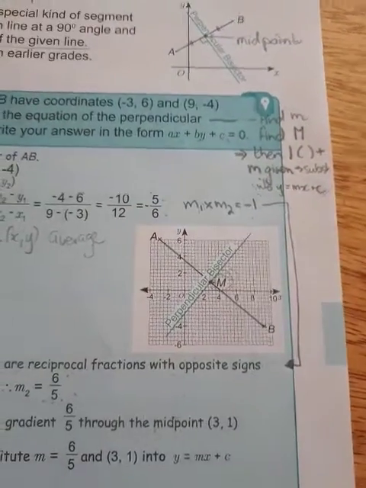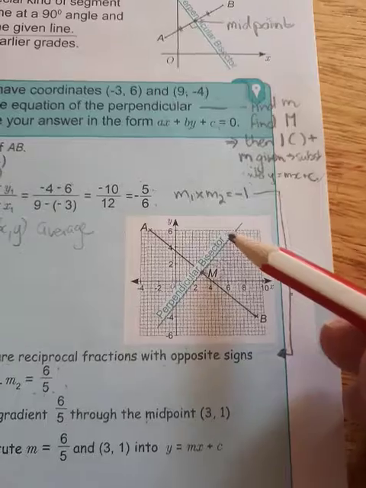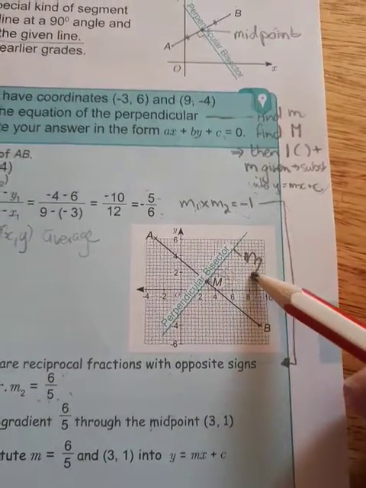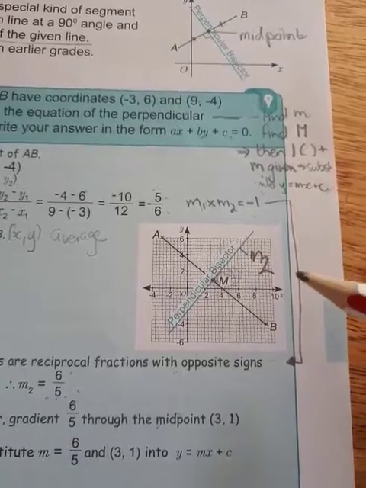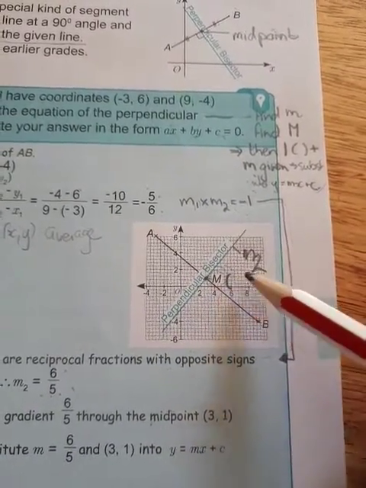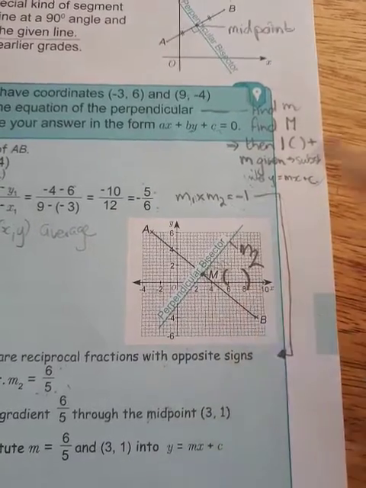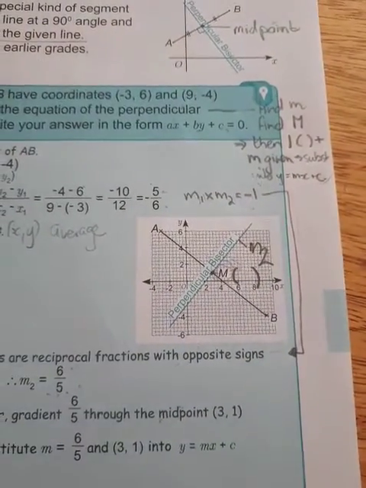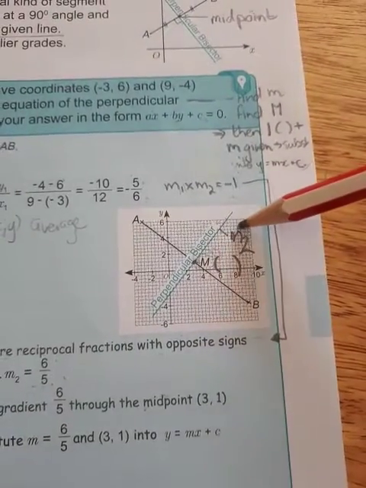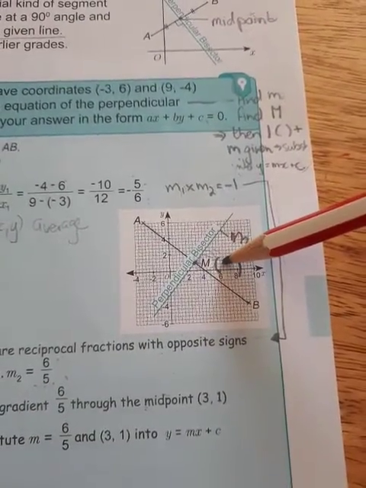Now I want to go back to this drawing. Remember what we now have. We already have the gradient for the perpendicular bisector as well as the coordinate of its midpoint, which means we can go back to how we calculated the straight line graph if the gradient and one coordinate is given.